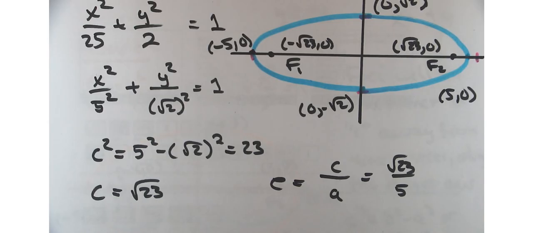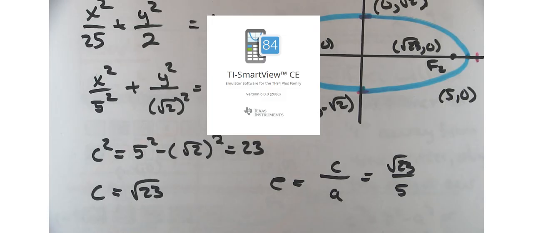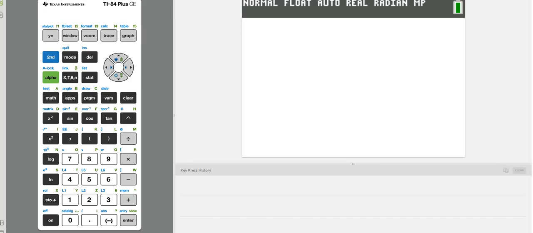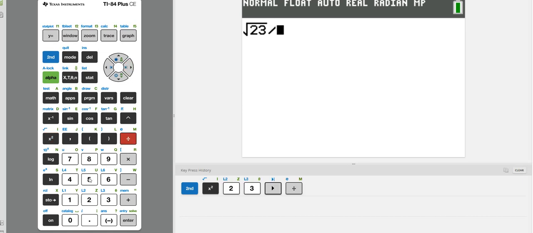And I'm just kind of curious what that would be numerically. So let me open up my software. Actually, I think you can probably get it done on my calculator before I get it from my software. About 0.96 maybe. Square root of 23 divided by 5.